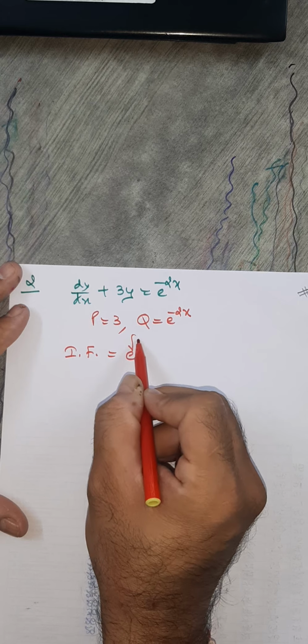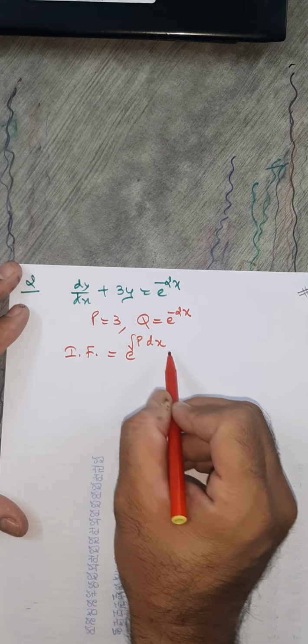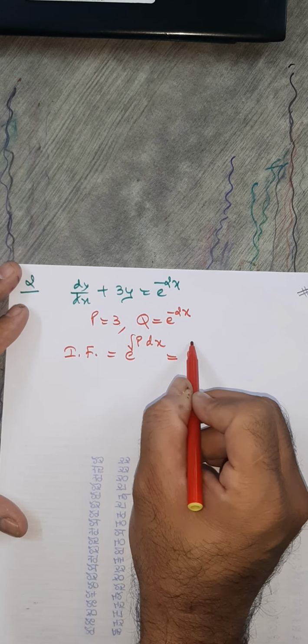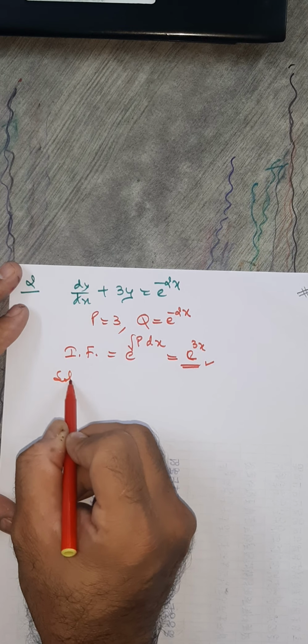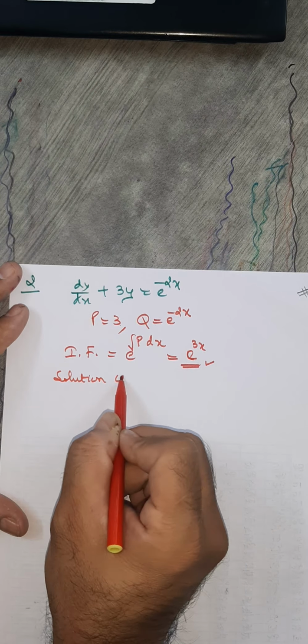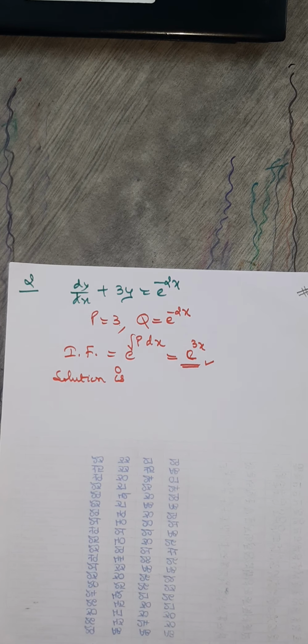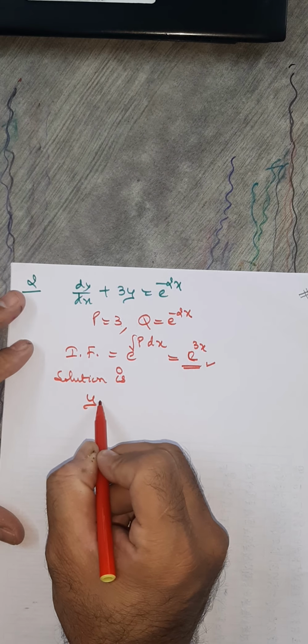So first task is integrating factor. e raised to integral of p. p कितना है 3, so 3 will come out, it is just e raised to 3x. Right, now we write the solution. What's the formula for solution? You know the solution is given by which formula? Just recall, ये standard है इसलिए क्या होगा, y into integrating factor.